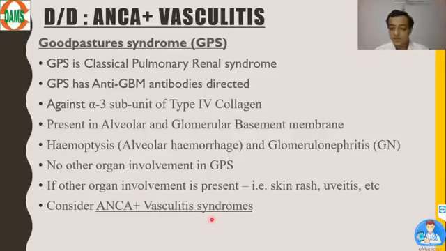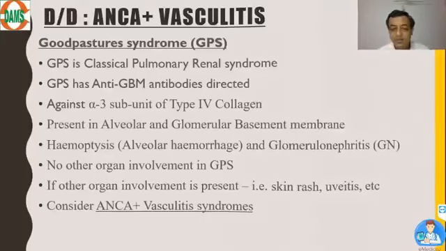So please remember, what is ANCA positive vasculitis? We have written three: Wegener's, Churg-Strauss syndrome and microscopic polyangiitis.